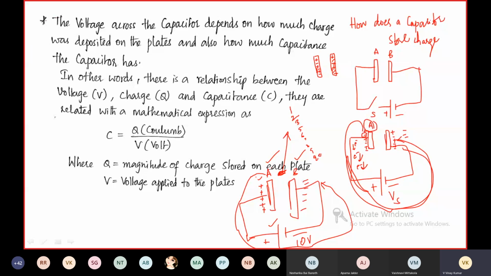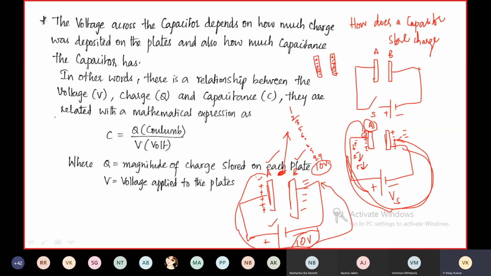Even at 9.9 volts, current will be flowing. The moment the voltage across the capacitor reaches 10 volts, which is equal to the applied voltage, the current flow ceases.